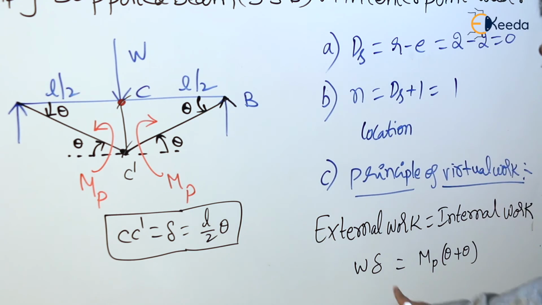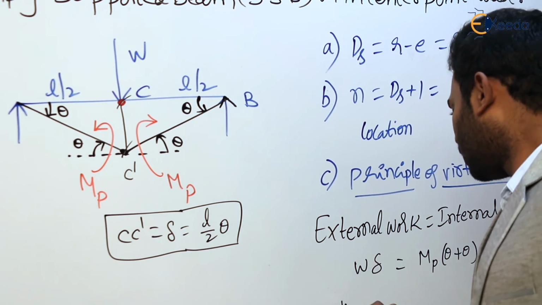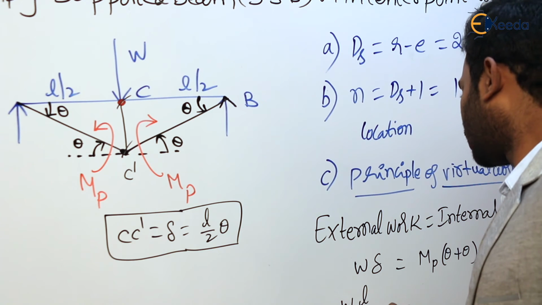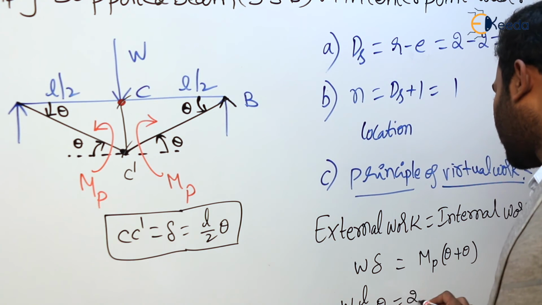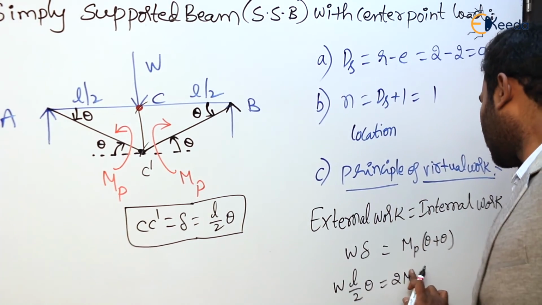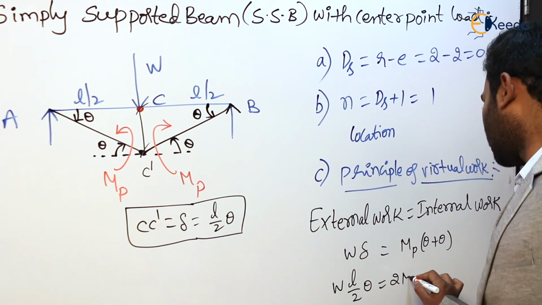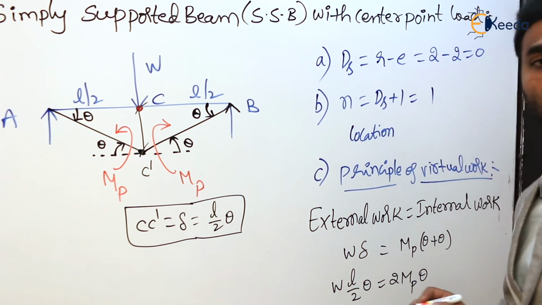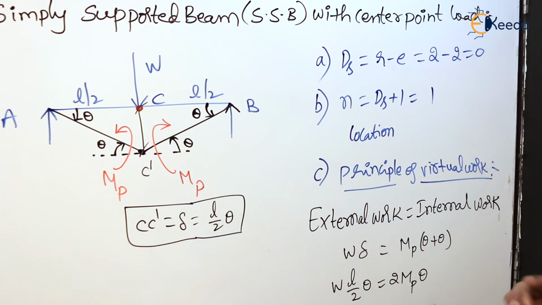So W delta is nothing but W into L by 2 theta, and it equals 2 MP theta. Agree? Theta will get cancelled.